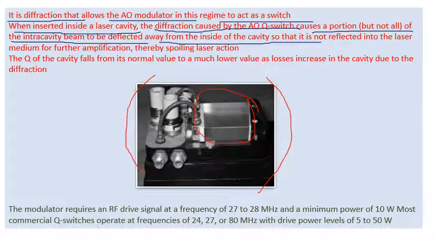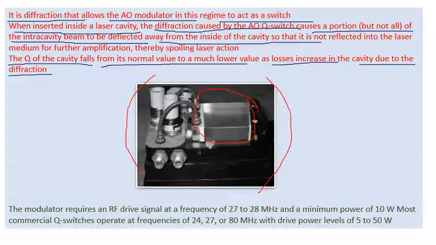This deflected light will not be amplified anymore, which means spoiling the laser action. So the Q of the cavity falls from its normal value to a much lower value as losses increase in the cavity due to diffraction. When the light is not entering the cavity, losses are increasing and the population inversion builds up. And when the light passes through, you can have the giant pulse.